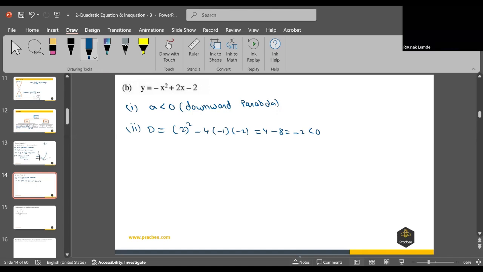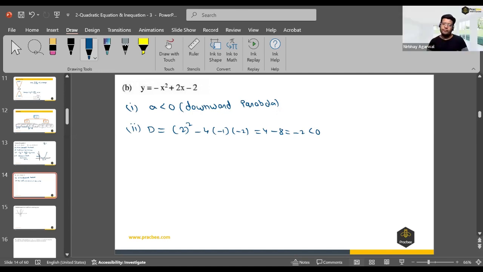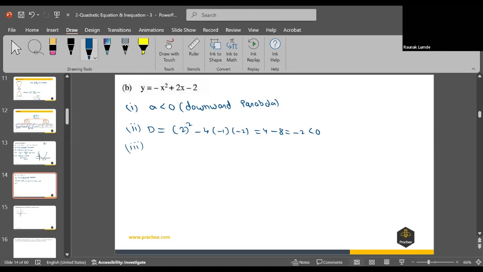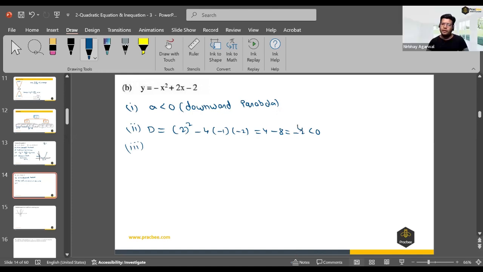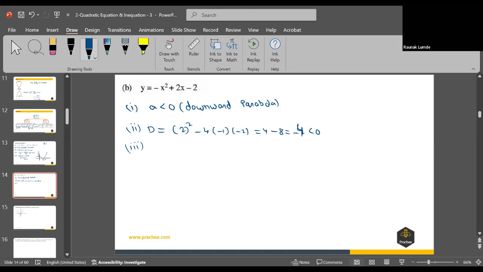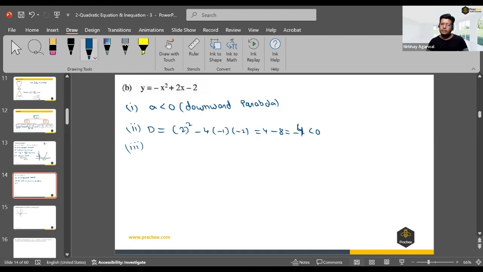But you are finding out the discriminant. Discriminant will be -4, no? Okay, fine. -4 means it is lesser than 0. So the graph will not touch the x-axis. It will be below the x-axis.